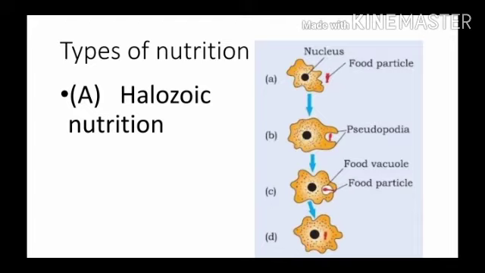After that, it digests the food with the help of different enzymes. Undigested food is left behind as the amoeba moves further with the help of pseudopodia. In unicellular animals like amoeba and paramecium, all the steps of nutrition occur within their unicellular body.